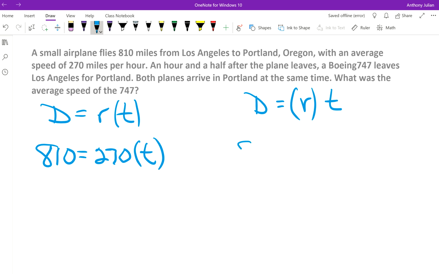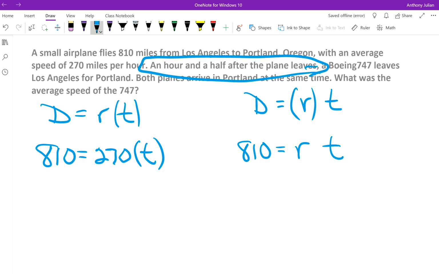The distance is the same, so it's 810, and that's going to be, we don't know what the rate is, and what do we know about the time? I'll put it here right now, just as the time without talking about an hour and a half after the plane leaves. Okay, I won't do that right now.